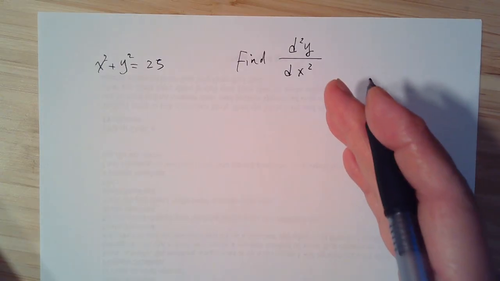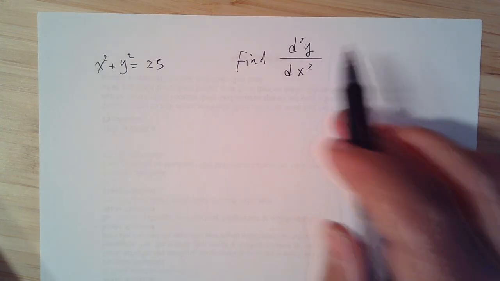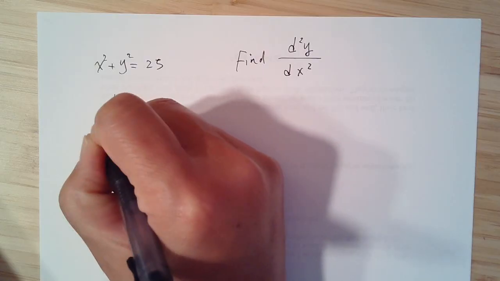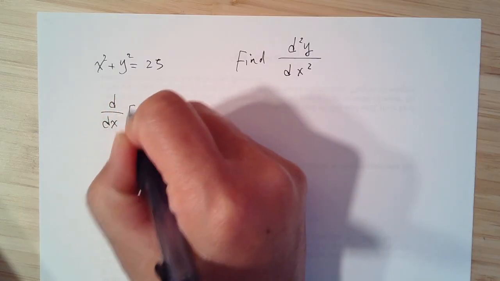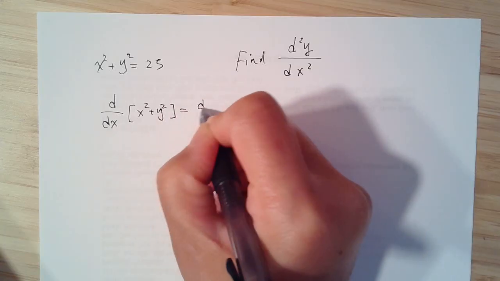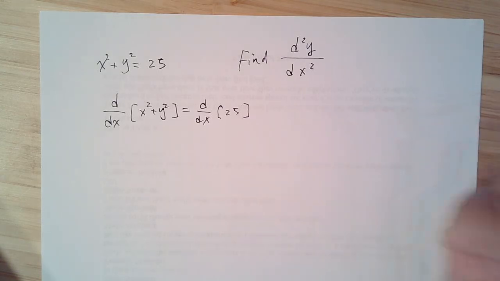To find the second derivative, we need to find the first derivative first. So I'm going to take d/dx of x squared plus y squared equals 25.